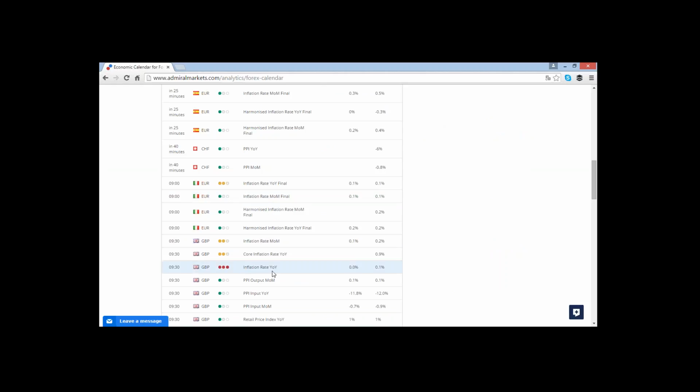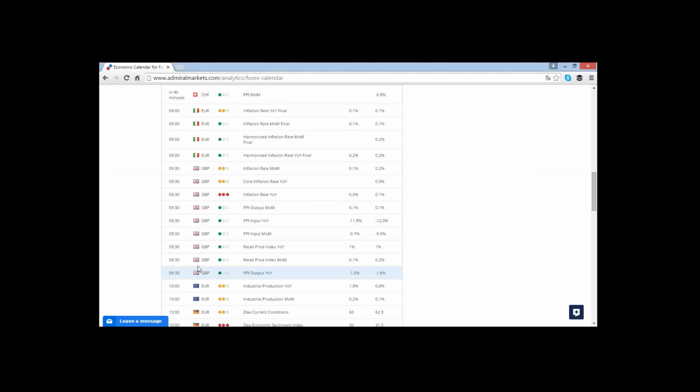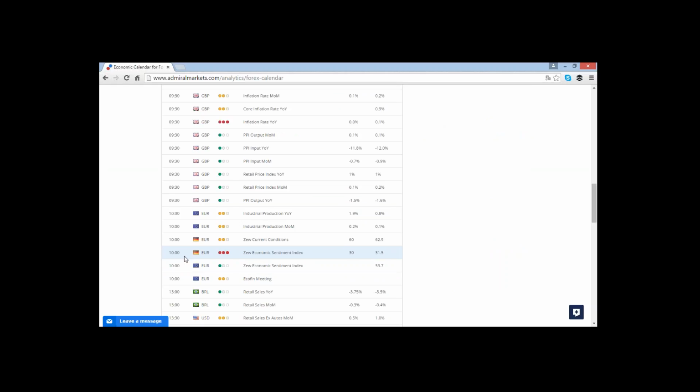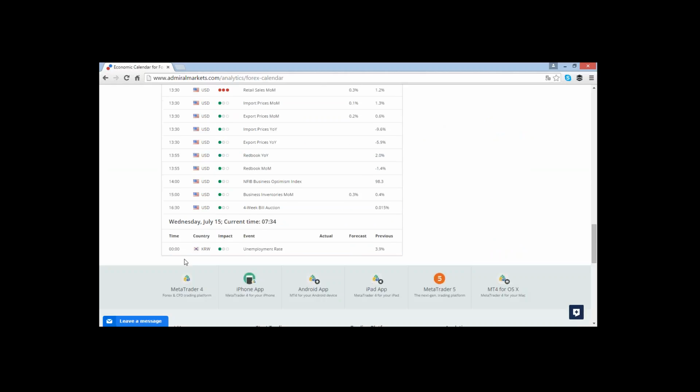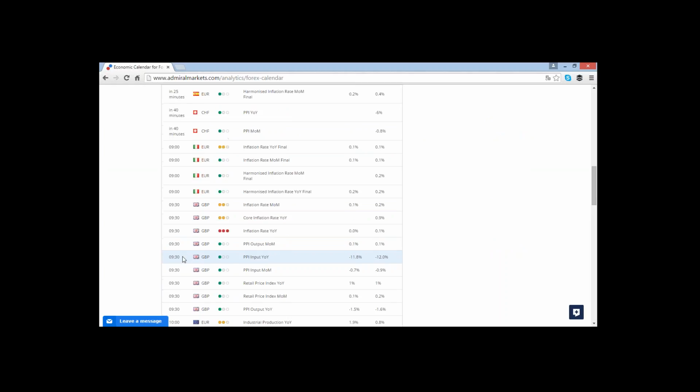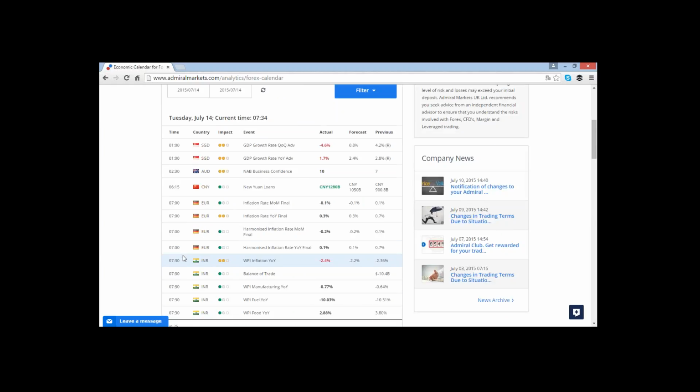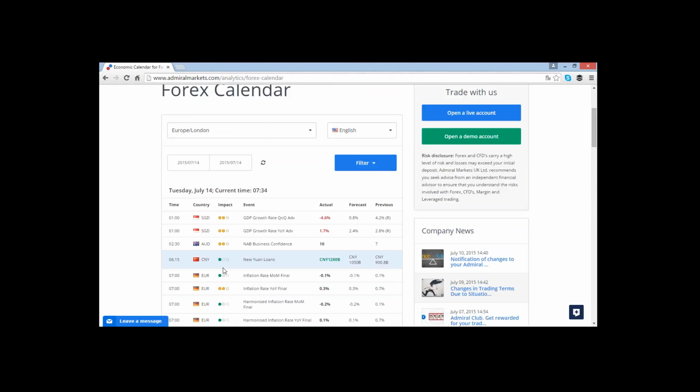We have the inflation rate coming in at the usual 10:30 Central European time, 9:30 UK time. ZEW Economic Sentiment Index, retail sales on the dollar, and I think there was a CAD interest rate decision later this week. All right, so keep an eye on the calendar.